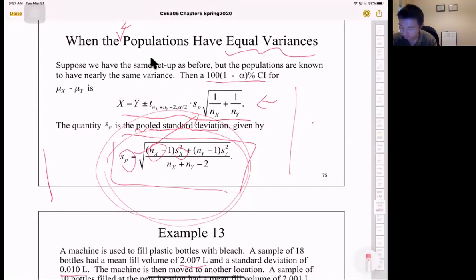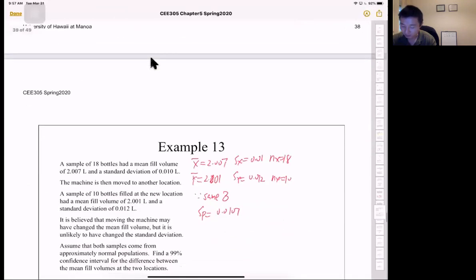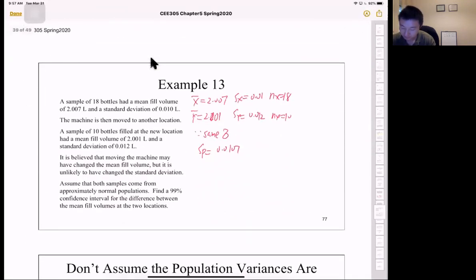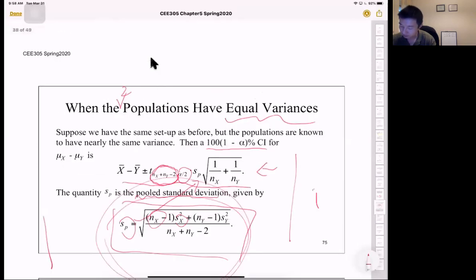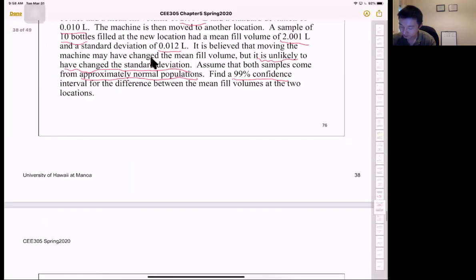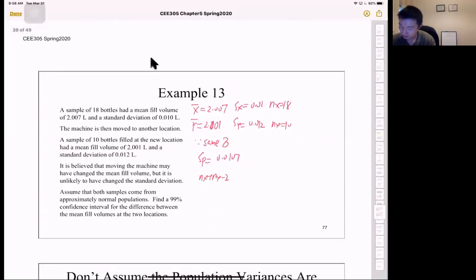And then we need the t value. For the t value, the degree of freedom is nx plus ny minus 2, and half alpha is the same. So the degree of freedom, nx plus ny minus 2, is equal to 26.